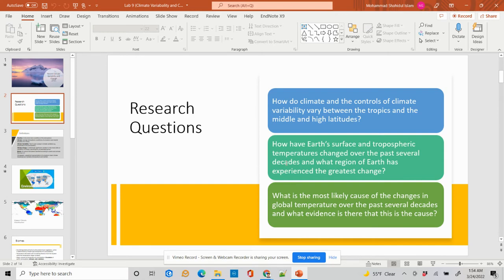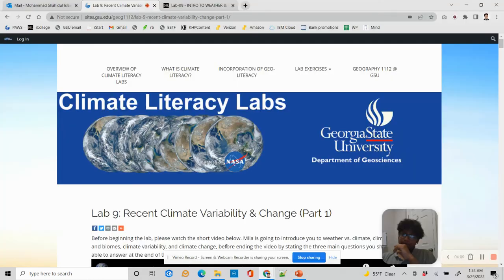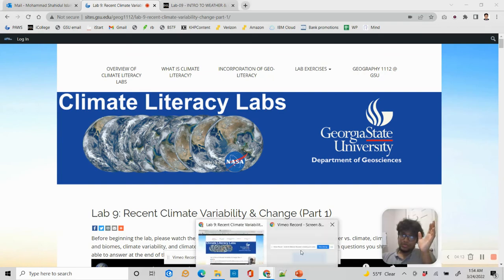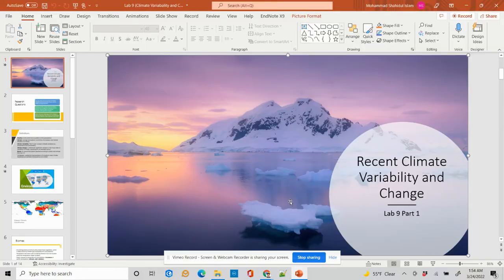The idea of this lab is the recent climate variability. In the previous labs, I believe you can recall, you studied something almost 422,000 years ago. That was really a long time range. We discussed a long time range, but this lab actually talks about the recent time range.